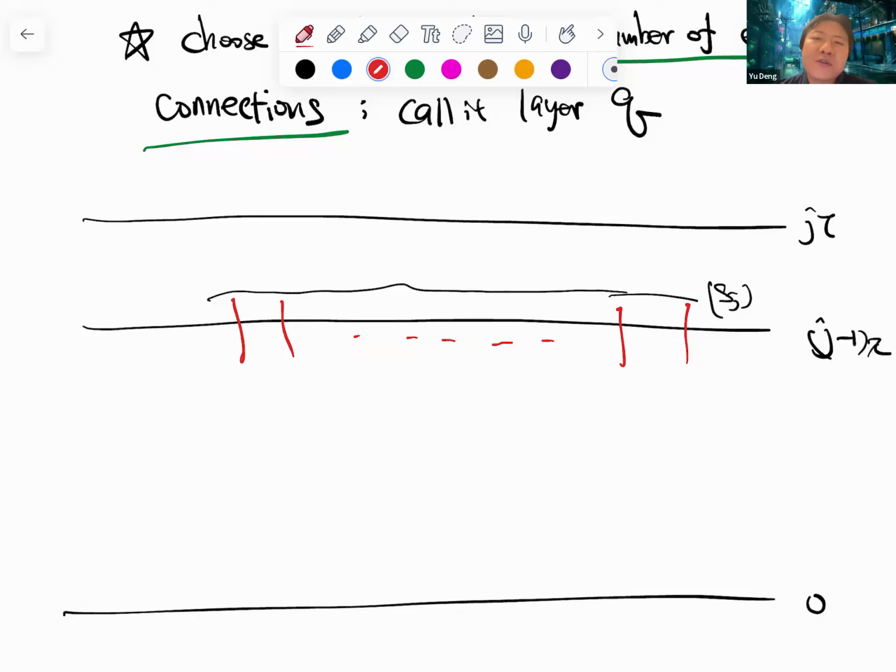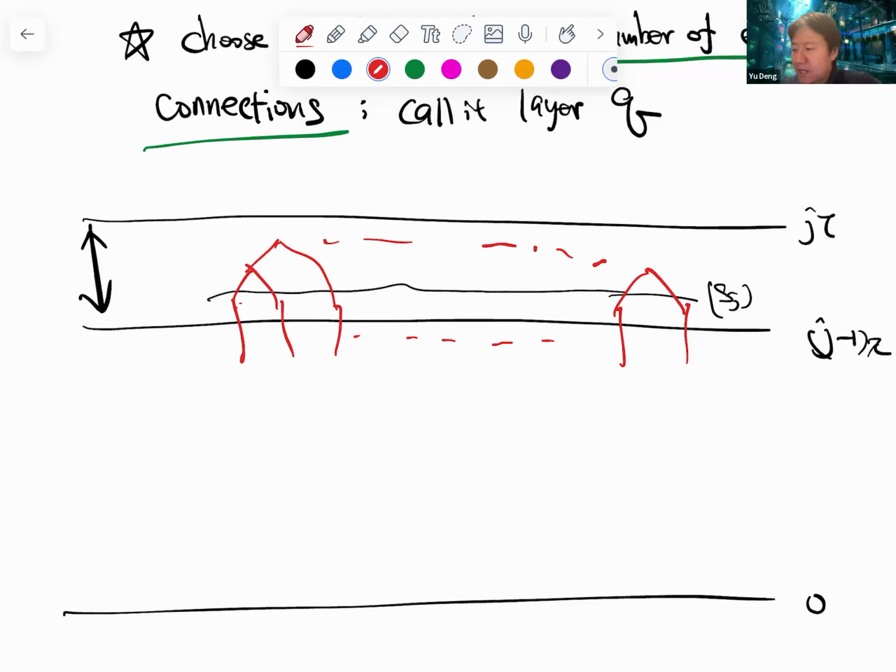First of all, we know that all these particles are connected in this J layer. So they are all connected, mostly connected like this and so on. So we don't need to worry about them.